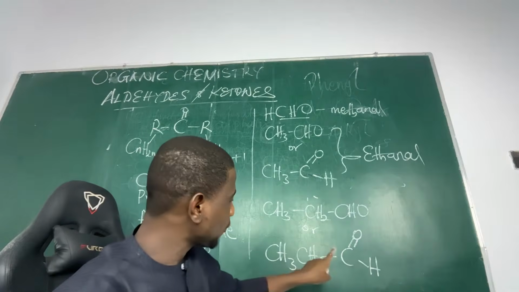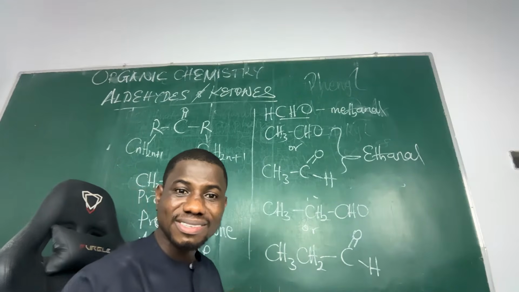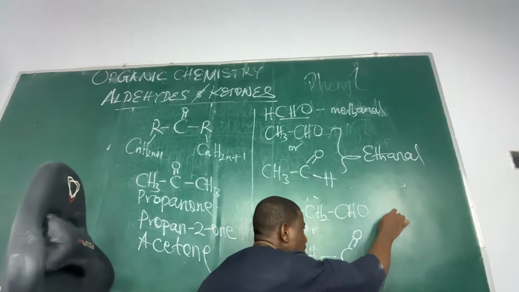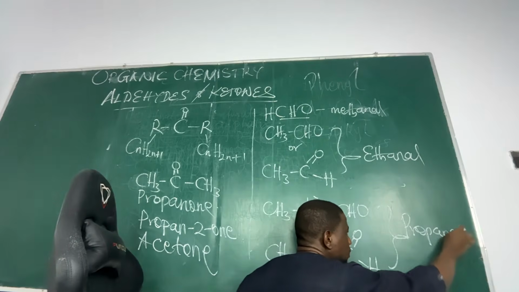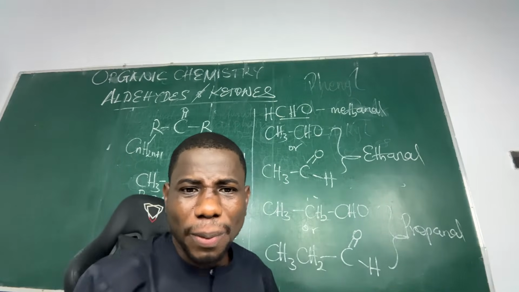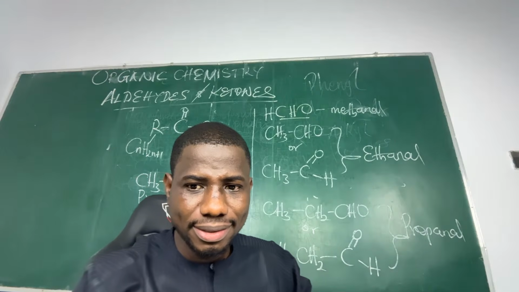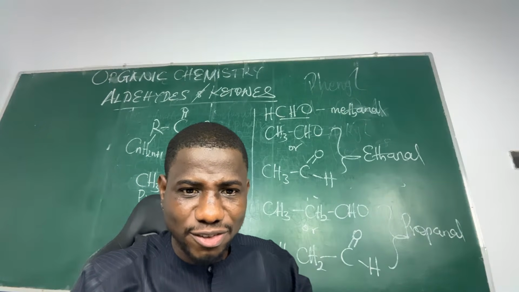No. We are going to start from here: 1, 2, 3. So this is prop. 3 is prop, so we call it propanal. Any of these will represent the same thing, propanal. No need to tell me it is propan-1-al. We know that it is always at position 1. So we say propanal. Does that make sense to you?